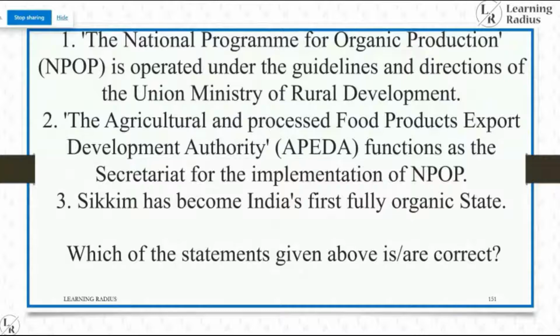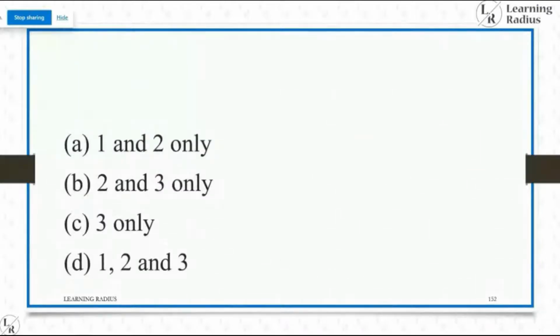Sikkim has become India's first fully organic state, that is also right. The Ministry of Commerce has implemented the National Program for Organic Production, NPOP, since 2001. It is not under the guidelines and direction of the Union Ministry of Rural Development. So the first statement is absolutely wrong. Second statement is right. Third statement is right. So if you look at the answer, you can see B is the right answer.